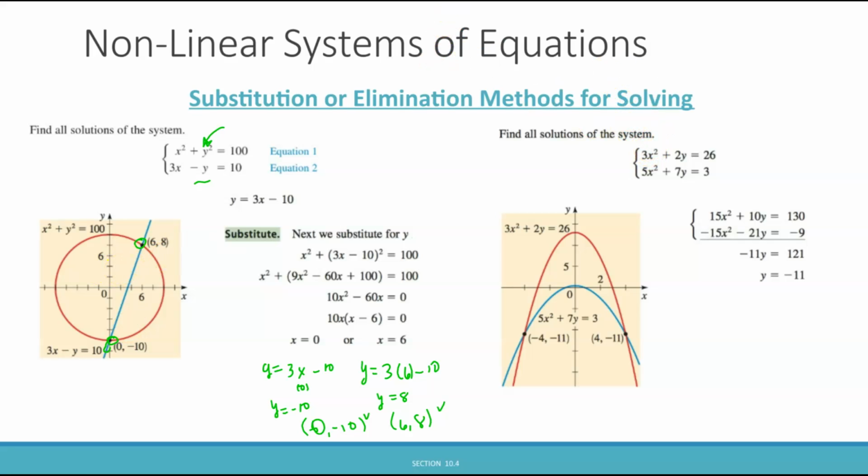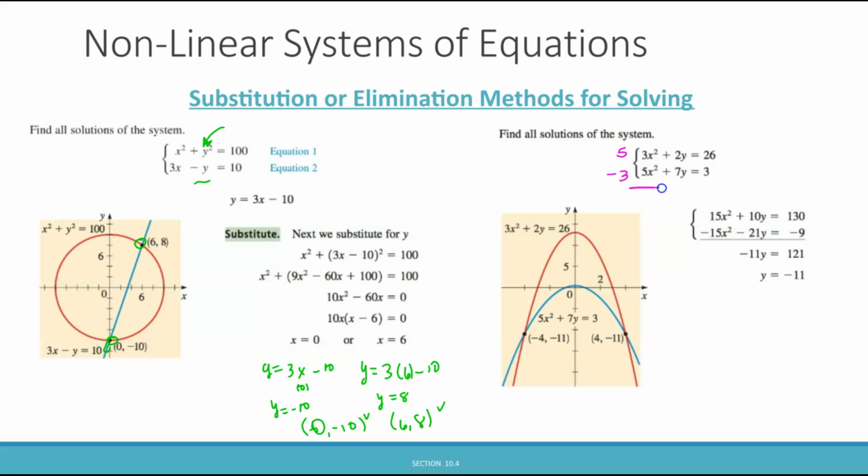In this next example, we are looking at elimination. Let's see if we can eliminate x squared. Notice that we can eliminate x squared if I multiply everything in equation 1 by 5 and everything in equation 2 by negative 3.